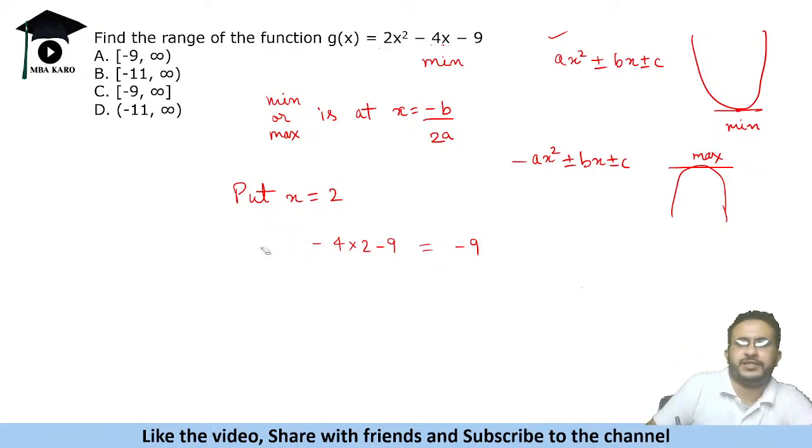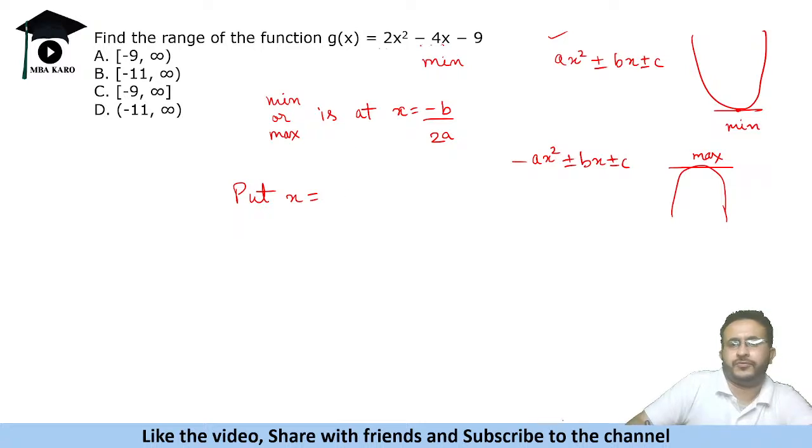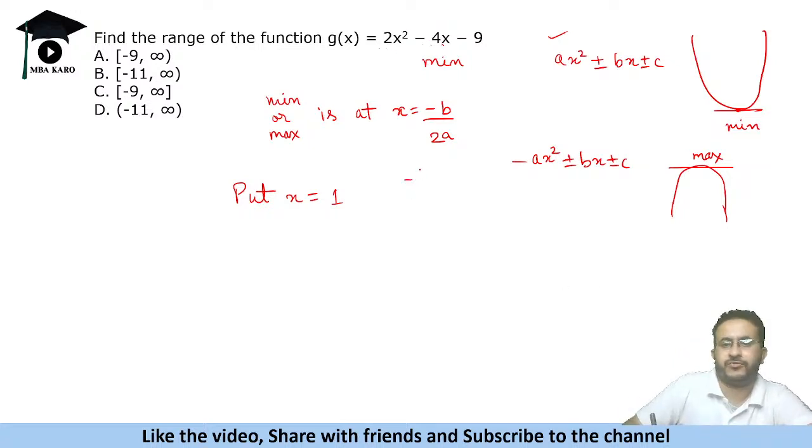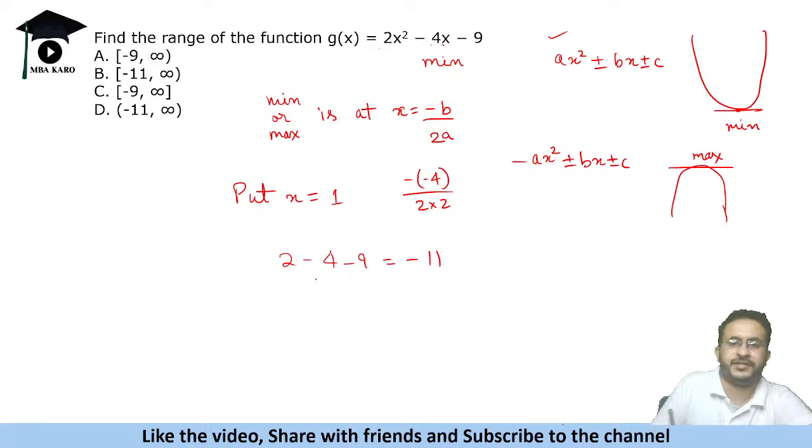Sorry, x equal to 2 पे नहीं आएगा, minus b upon 2a. 4 upon 2, that will be x equal to 1. My bad. Minus b upon 2a रखेंगे तो minus of minus 4 upon 2 into 2. So x equal to 1. So if you put x equal to 1, it is 2 minus 4 minus 9, that is minus 11. So minus 11 is the minimum value.